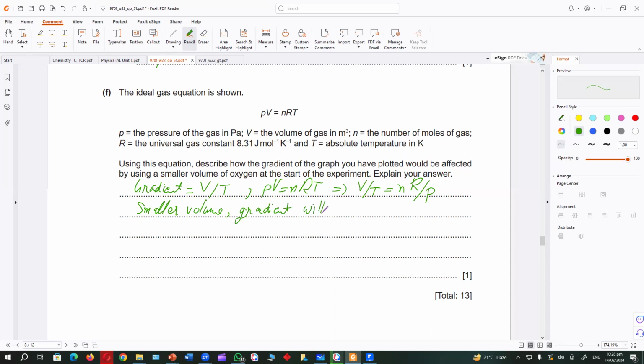Gradient will decrease. The graph will be shallower.